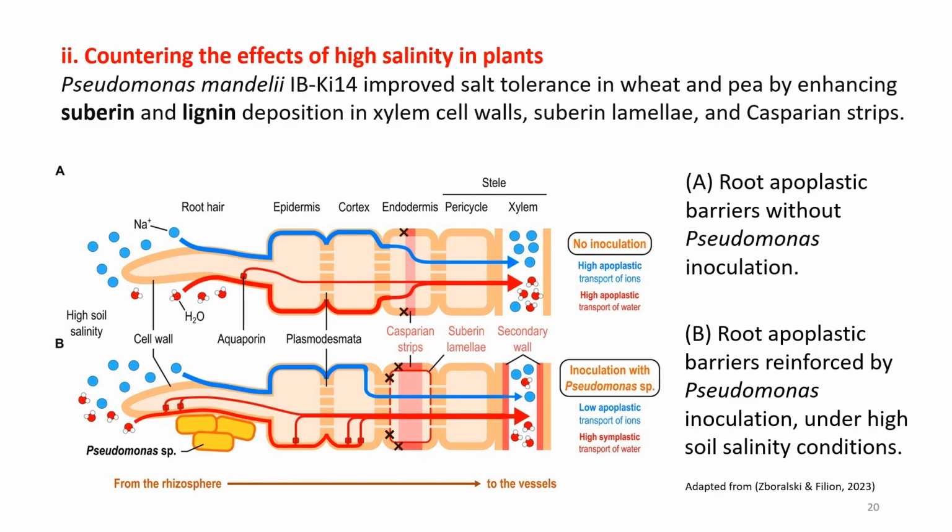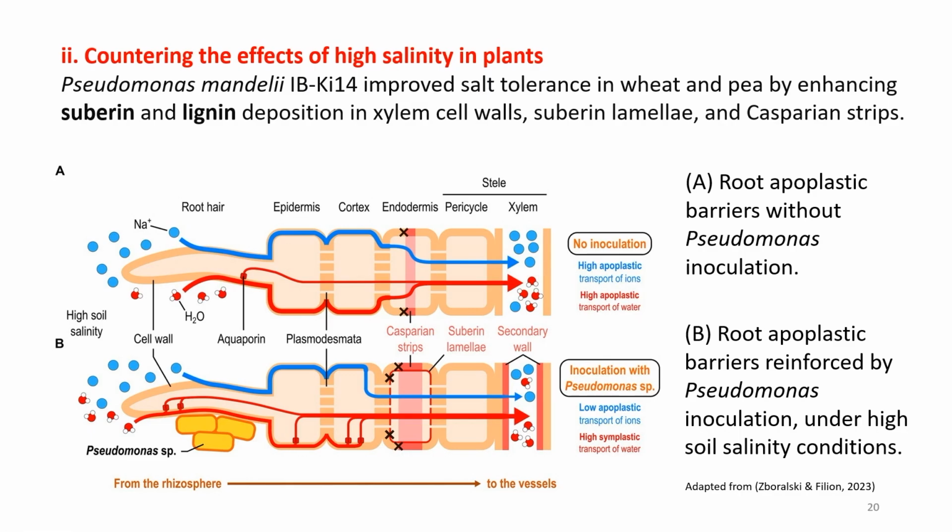Second is countering the effects of high salinity in plants. We can see here in figure A the root apoplastic barrier without Pseudomonas inoculation, and in B we can see root apoplastic barriers reinforced by Pseudomonas inoculation under high soil salinity conditions.